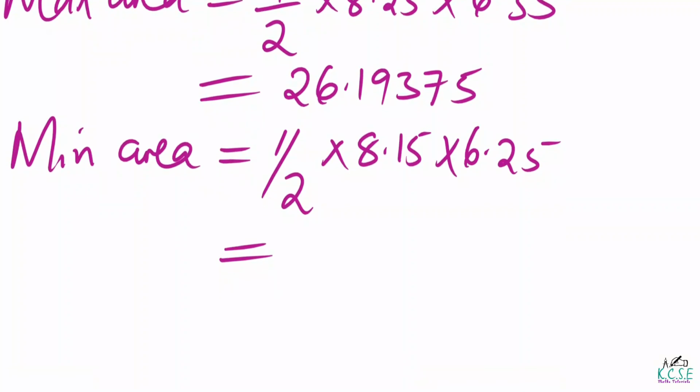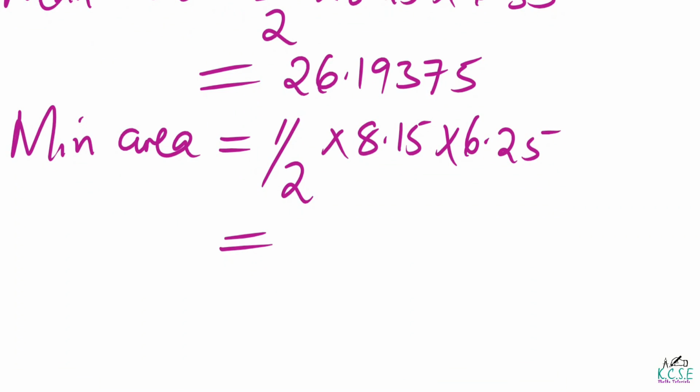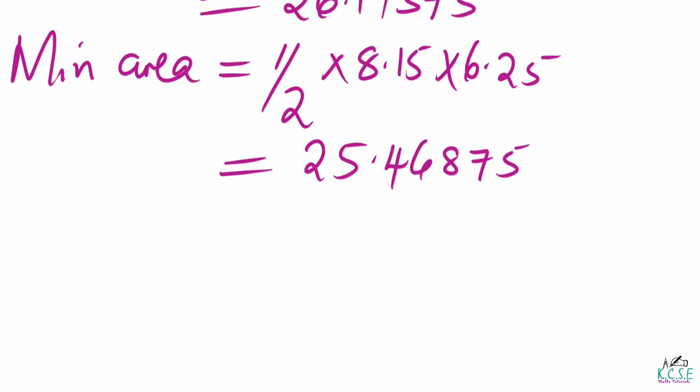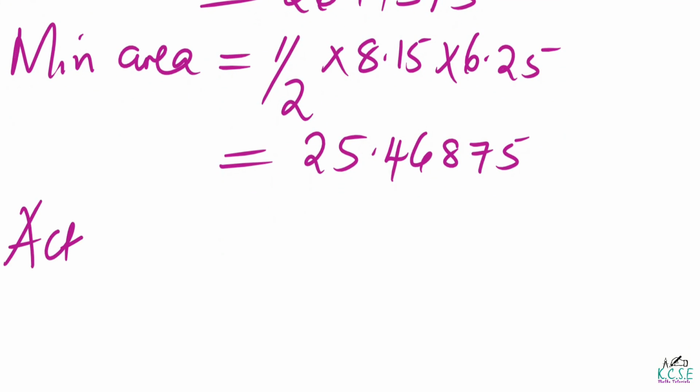So working out this using the calculator, you get 25.46875. That is what you get. The other thing that we need is the actual area.